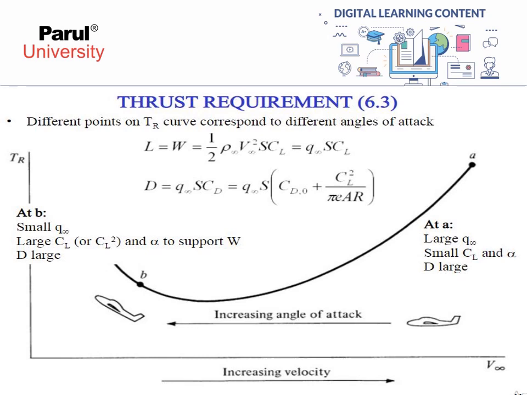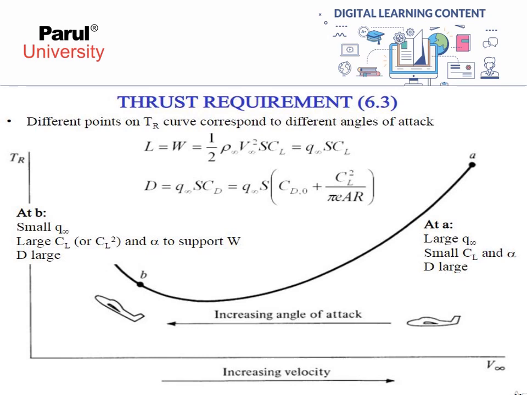In this graph we can see thrust required on the y axis and increasing velocity V infinity, the relative wind velocity or free stream velocity, on the x axis. Now at point A, there is a large Q infinity, meaning large dynamic pressure, a small CL and alpha, and D is large.